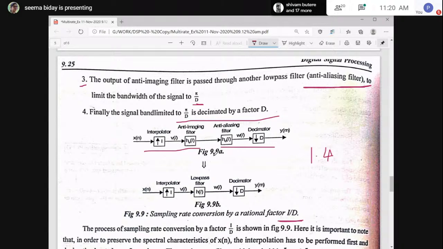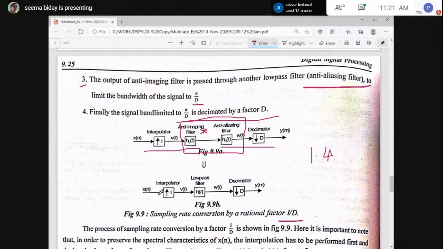Whenever both are connected in cascade, the equivalent low pass filter is the convolution of this filter with the other filter, and you can replace the entire cascade of the two by a single filter HL, which will perform the task of the cascade of both.